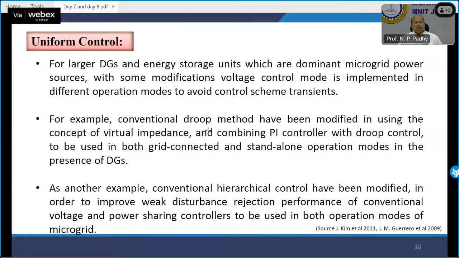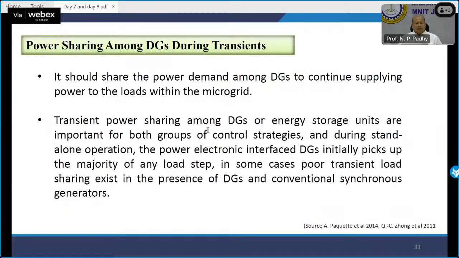As another example, conventional hierarchical control, if you recall my previous to previous talk, has been modified in order to improve weak disturbance rejection performance of conventional voltage and power sharing controllers to be used in both operation modes of the microgrid. Now, how the power is being shared among DGs during transient becomes an interesting phenomenon.